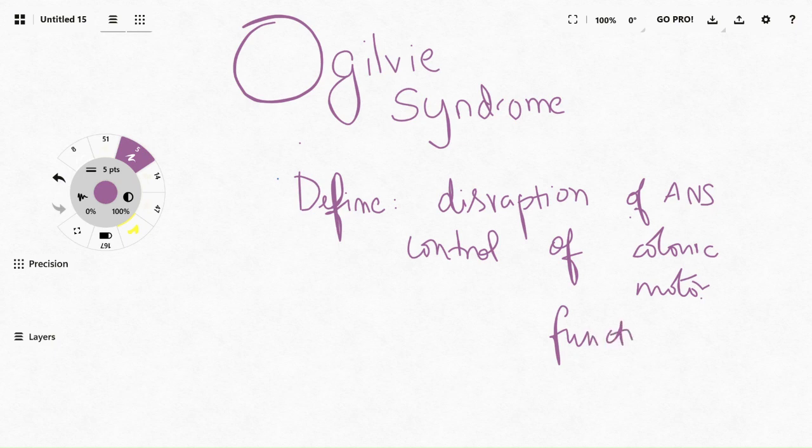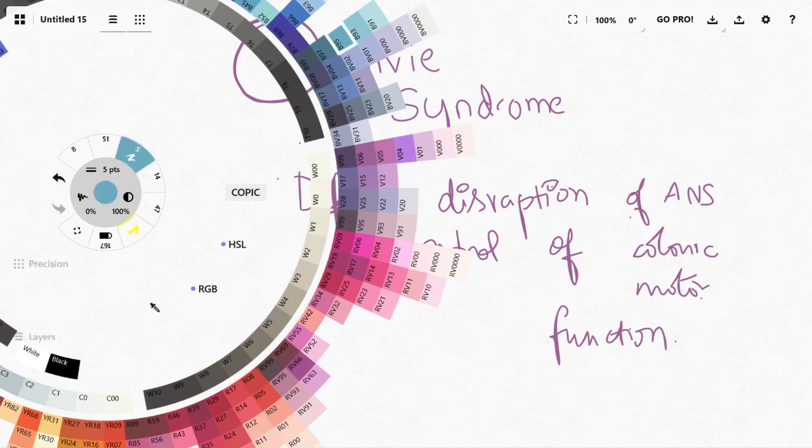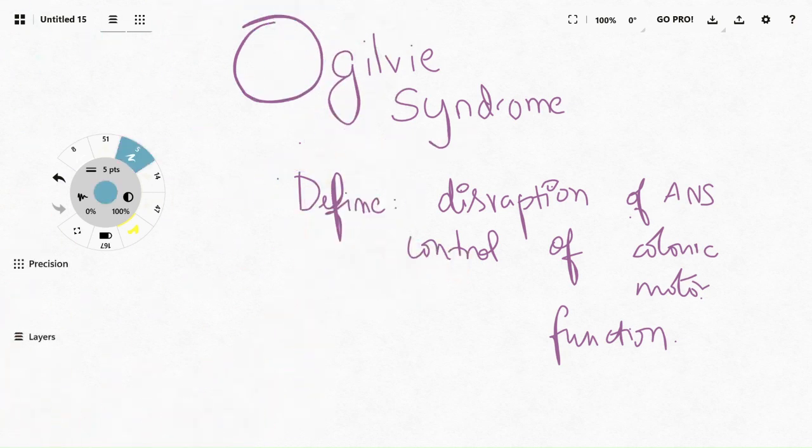So what's going to happen is you have your colon that undergoes peristalsis like any other part of your GIT, and you disrupt the normal peristaltic motions of that, and your colon just sort of becomes over distended, and that is called Ogilvie syndrome.